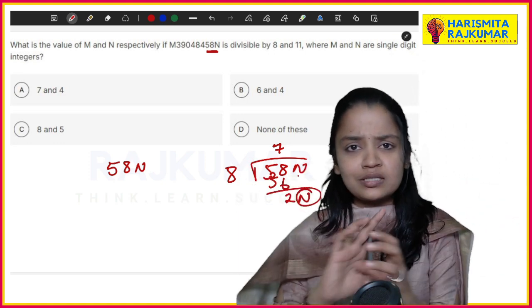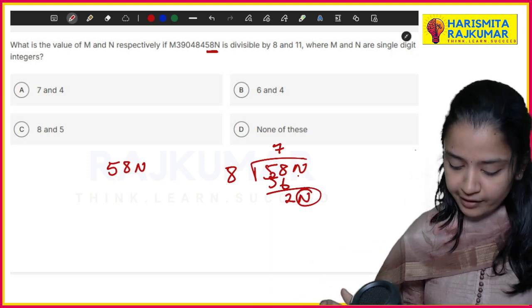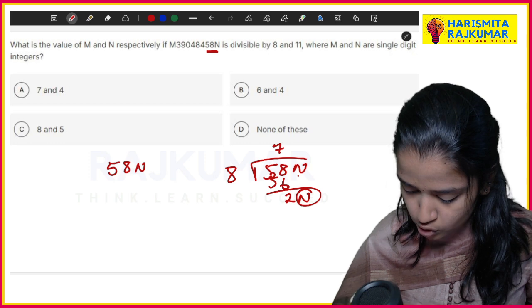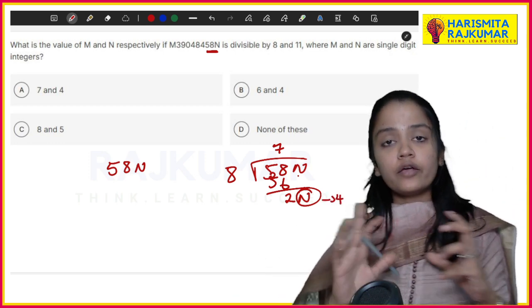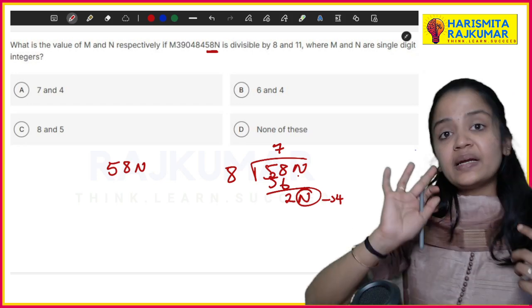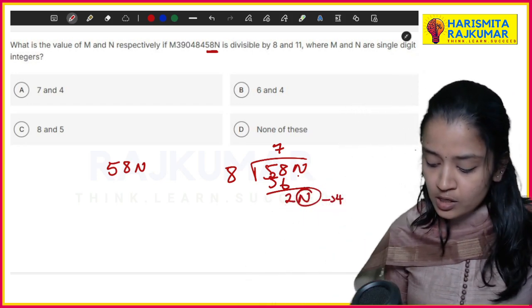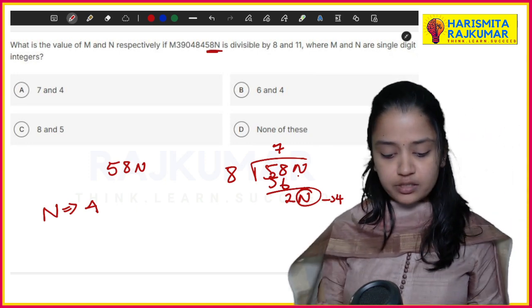It is a number in the 20s and it should be divisible by 8, so definitely it will be 4 only, right? So your n should be 4, then only it will be divisible by 8. If you're confused about divisibility by 8, kindly go check the divisibility video, definitely you'll understand. So your n is 4, only then the last 3 digits will be divisible by 8.